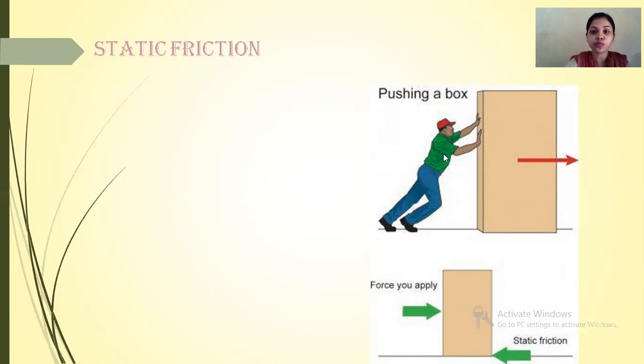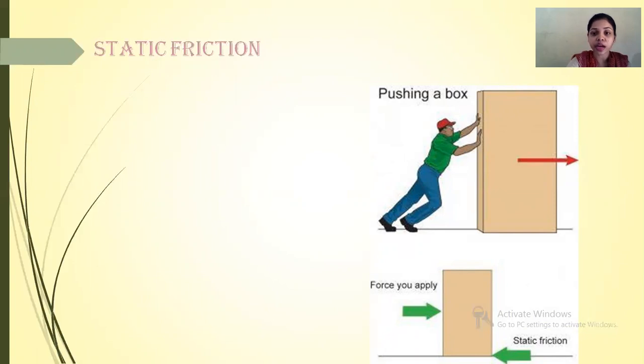Now, if I want to push this box towards the right side, and this box is very heavy, what happens? If I give an initial push to it, nothing will happen. It does not move from its initial position. Why? Because of static friction. We know that friction always opposes the motion of the body.